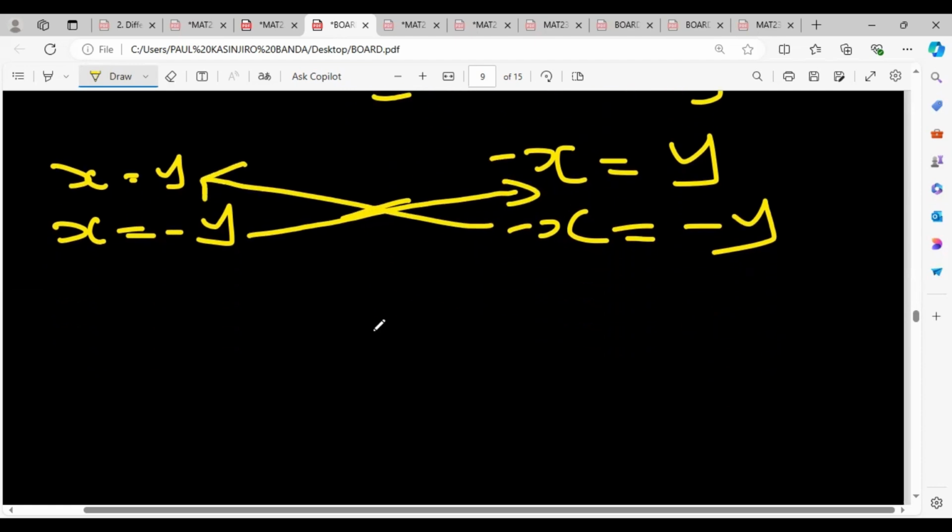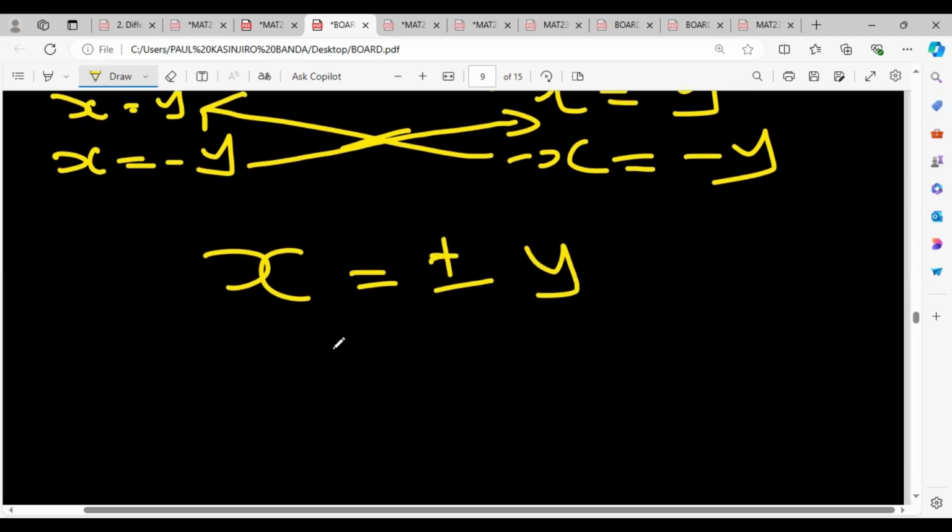So what you actually have is just that X is equal to plus or minus Y. This is the relation that you have. So you can say that this is the first one, and then you have the second one there.